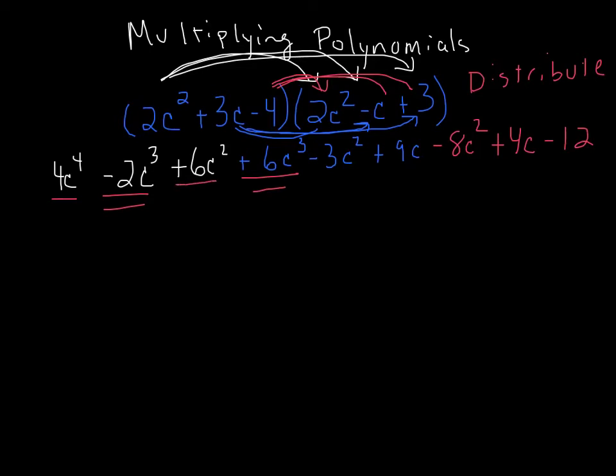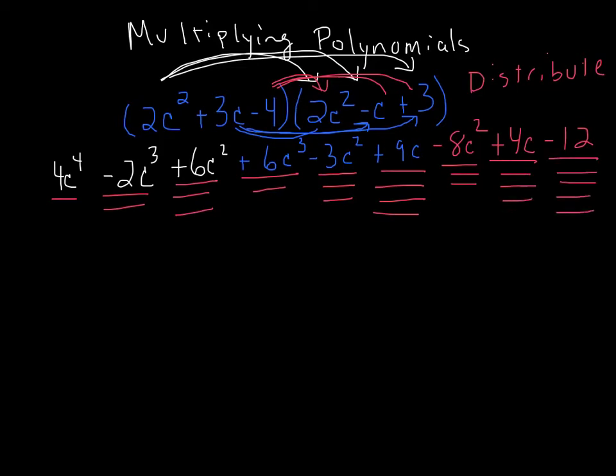Then we got a plus 6c squared, we have a negative 3c squared, and we have a negative 8c squared. And then we got a c, we got another c over here, and then last but not least, we have a constant.